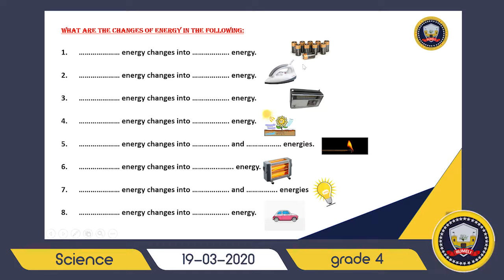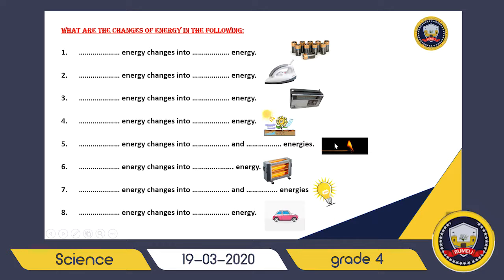So the electrical energy changes to what? The electric iron produces heat energy. So in the electric iron, the electrical energy changes to heat energy. And so on. The electric radio works by electricity, so electric energy changes to producing the music, meaning sound energy.